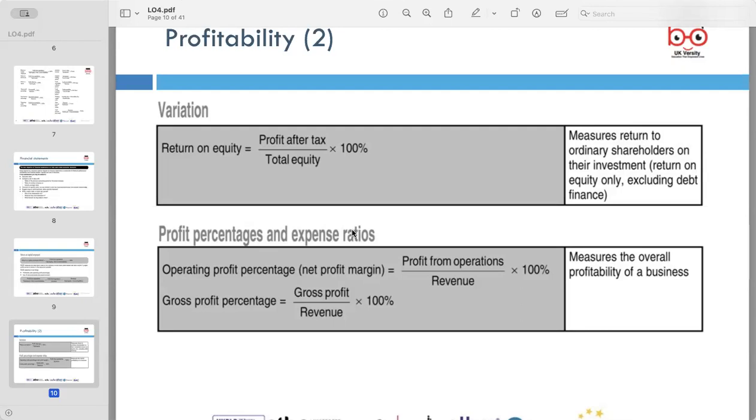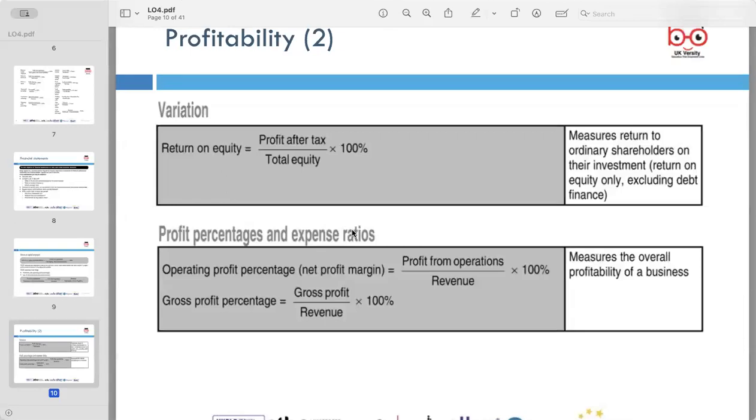Profitability ratios provide insight into a company's ability to generate profit relative to its revenue and expenses. The operating profit percentage, also known as the net profit margin, compares the profit from operations to revenue, indicating the overall profitability of the business.